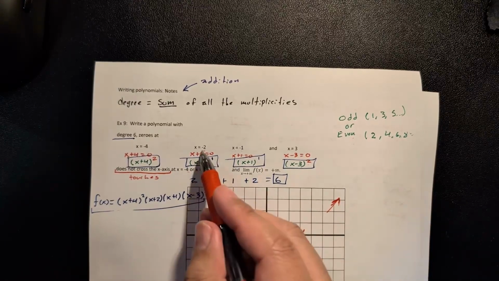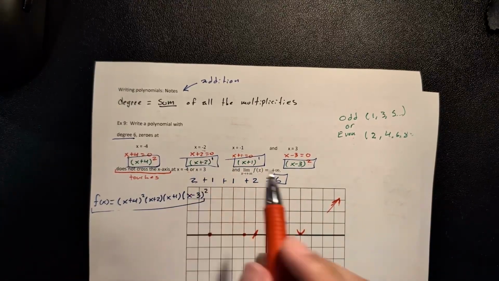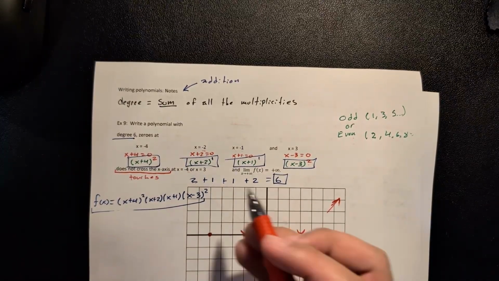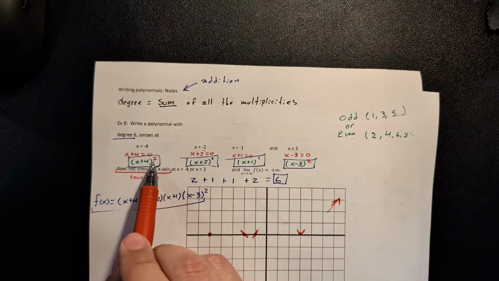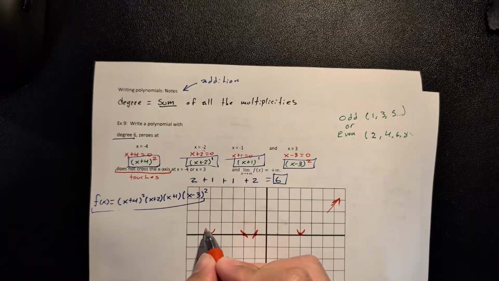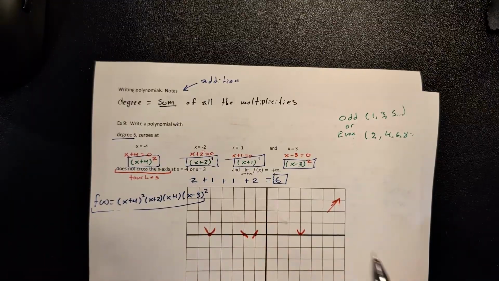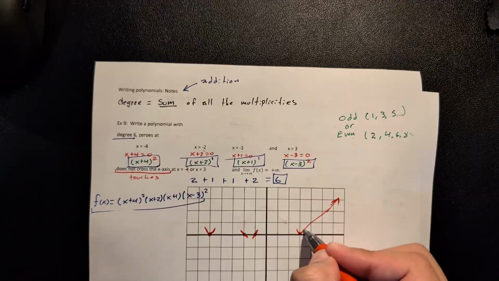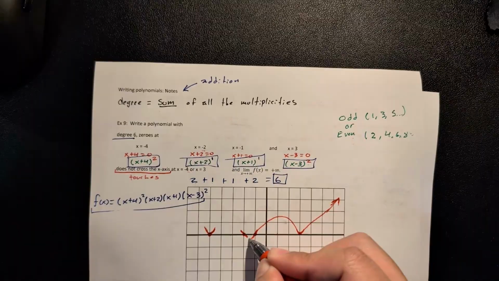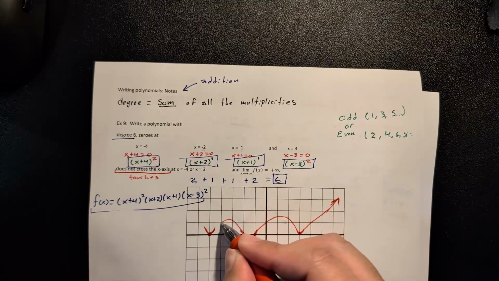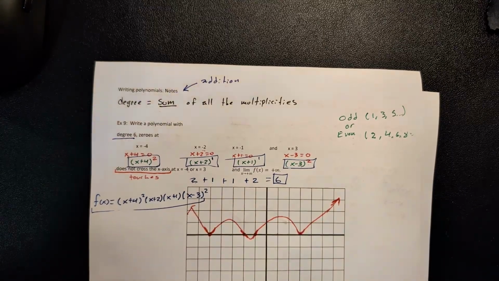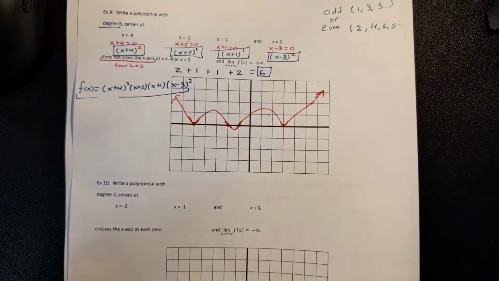And then x equals -2, also multiplicity of 1, so it's going to cross it. And then -4 is a touch or a bounce. So it's going to look something like this.